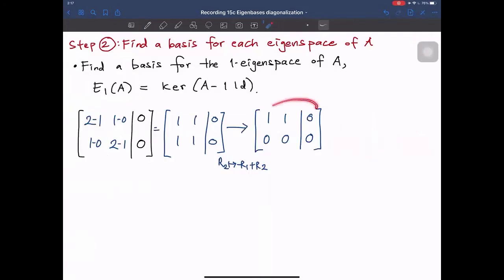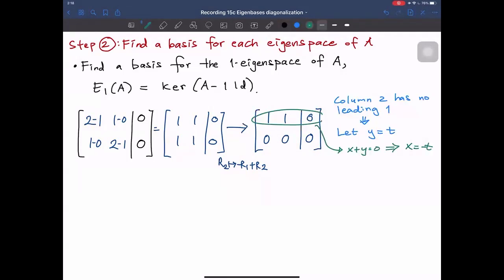And from here, I can row reduce. I arrive at this row echelon form. I see that the second column does not have a leading 1, so I set the second variable to a parameter. And then I can do back substitution using this equation. This gives me x is equal to negative t.